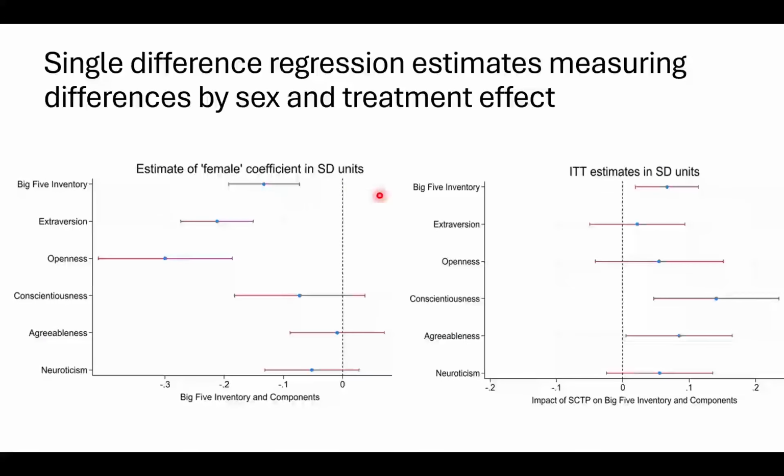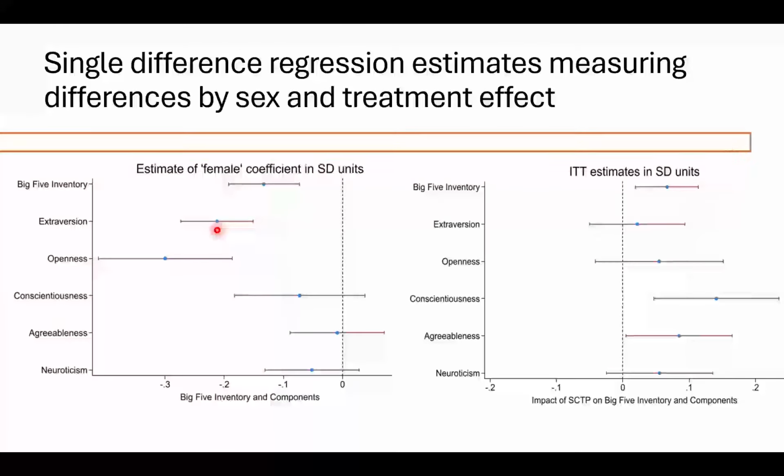So these are the treatment effects when you put it in a multivariate framework, in standard deviation units. There are positive effects of the treatment on the overall score, driven, as I said, by conscientiousness. And there continue to be differences by sex: women are scoring significantly lower on the inventory, and that's driven again by extroversion and openness.